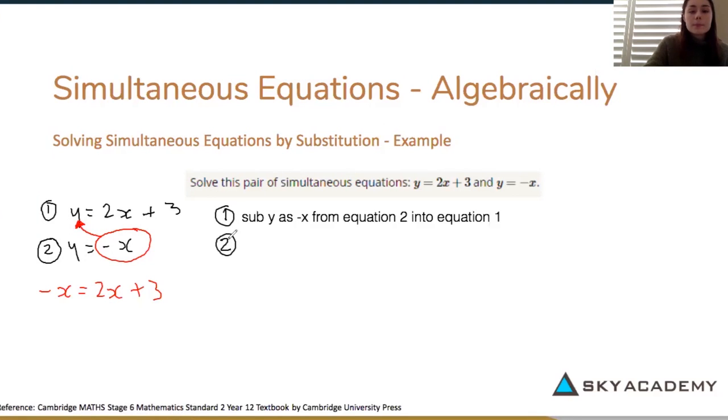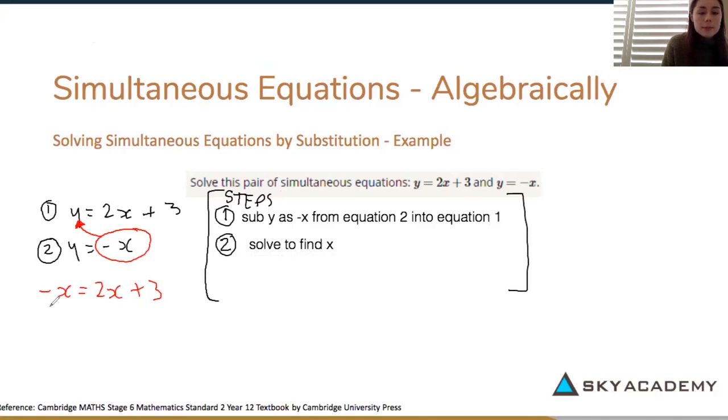Step 2 would be to solve to find x. So that's what we're going to do now. We are going to solve to find x. So I'm going to take my 2x over, and I'm going to minus it from this side.